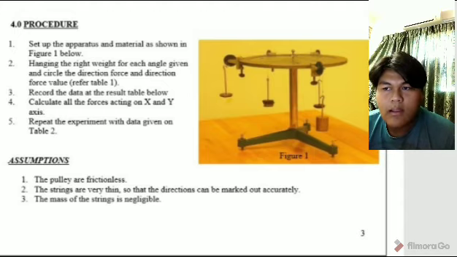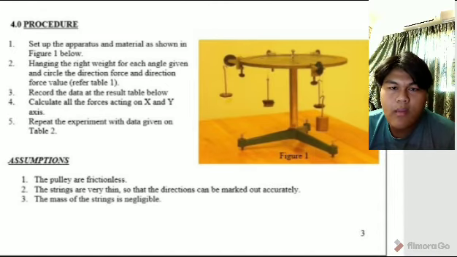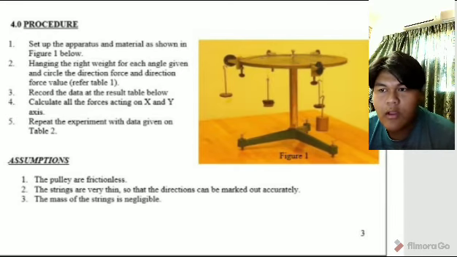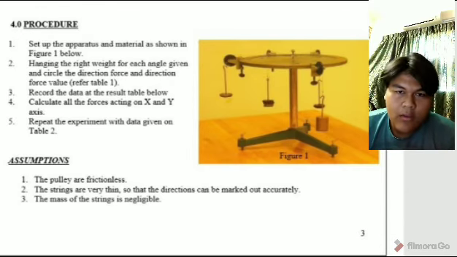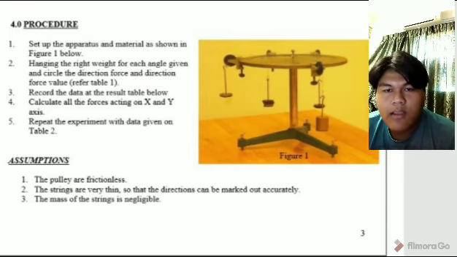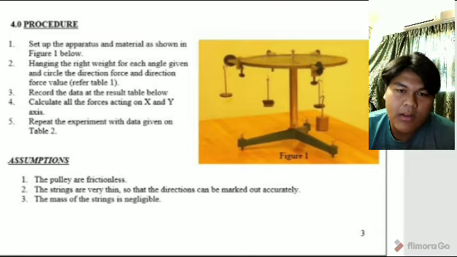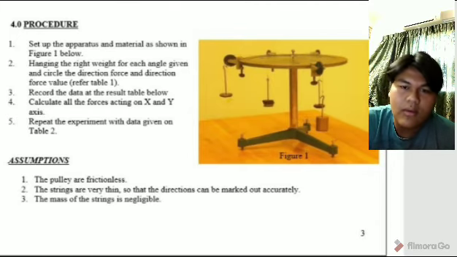Yang keempat adalah kita kena membuat pengiraan yang ada pada force tersebut. And the last, repeat the experiment with data given on table 2. Okay, kita orang akan mengulangi eksperimen ini dengan menggunakan data yang terdapat pada jadual kedua.